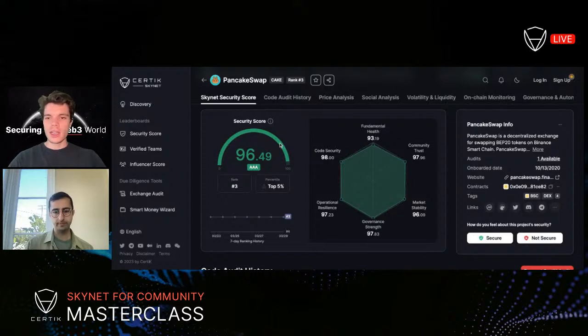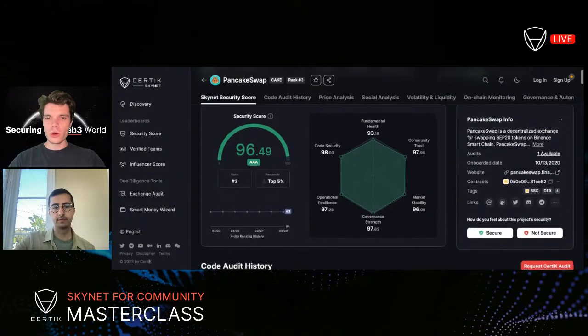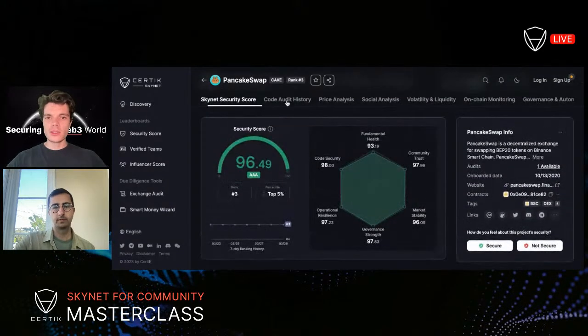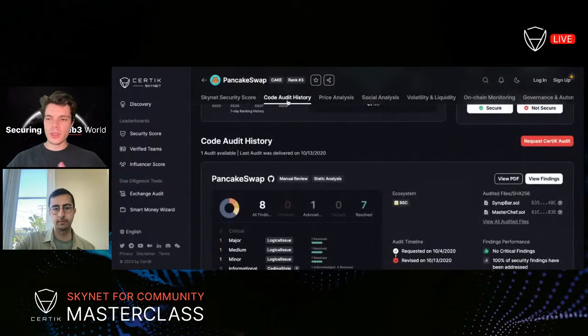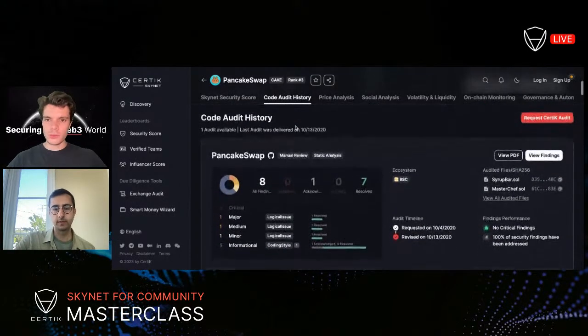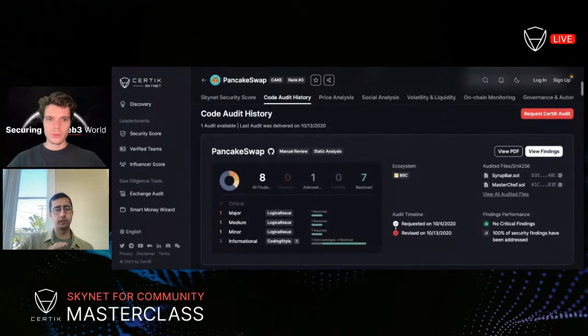That's great. Awesome. So if we scroll down, are these tabs, the code, audit history, price analysis, are these directly correlated to these 6 categories, or are they something a little different? Yeah, so they are tangentially related. Projects that have Skynet for Business. So there's 2 aspects to Skynet. There's the community platform, which we're on right now, and then projects also have the ability to activate Skynet at the business level.